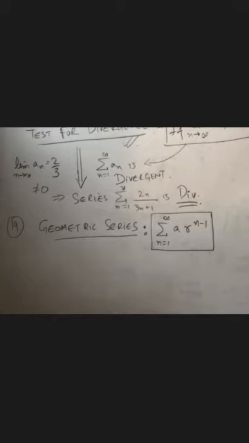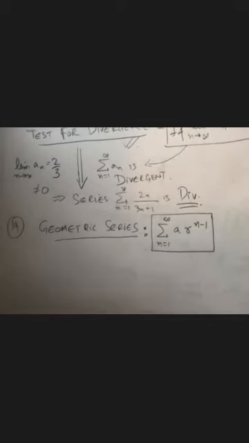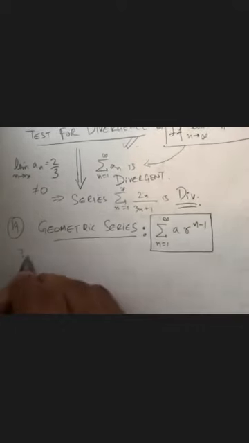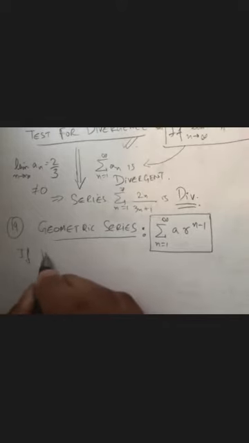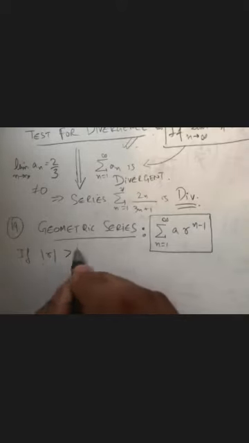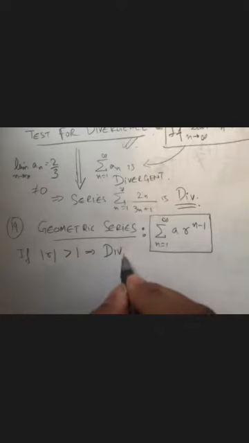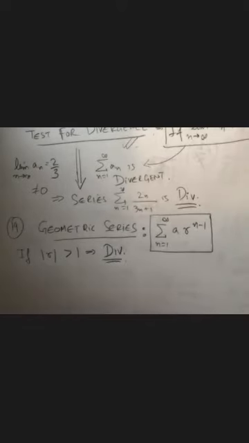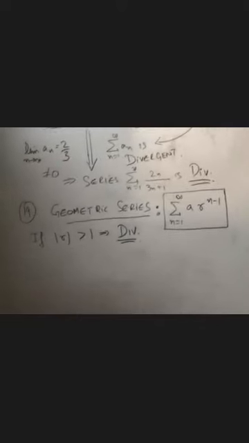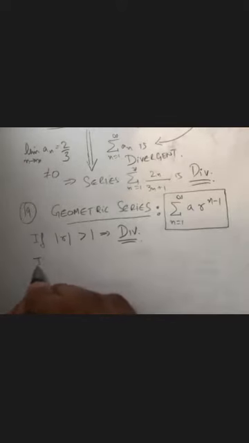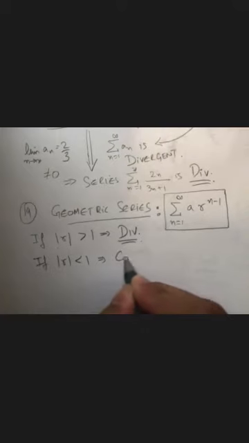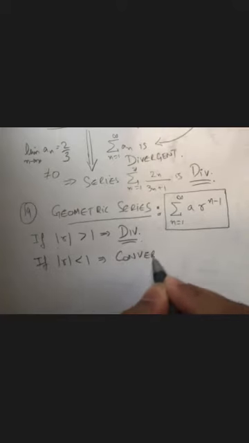Now, if the absolute value of r is greater than 1, it is divergent. If less than 1, convergent.